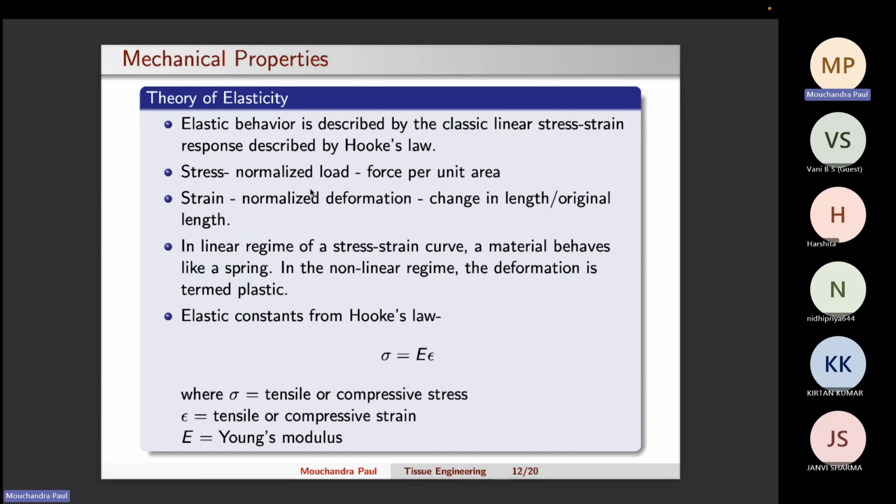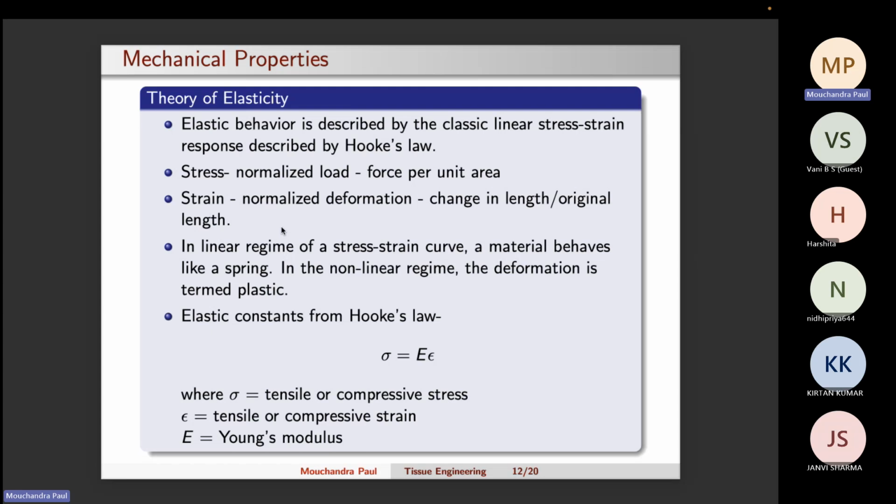Now stress is basically normalized load and it is given by force per unit area. Strain is nothing but normalized deformation and is given by change in length by original length. We normalize it because we want to compare among various geometries.